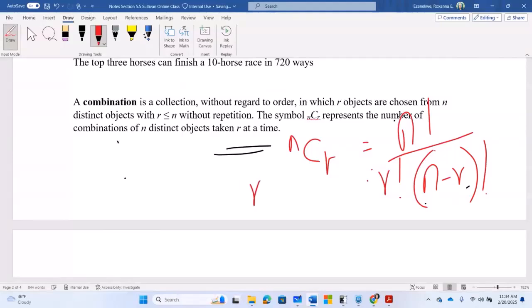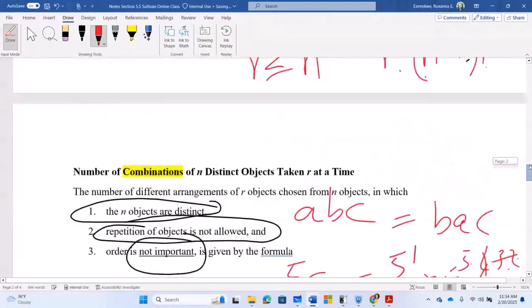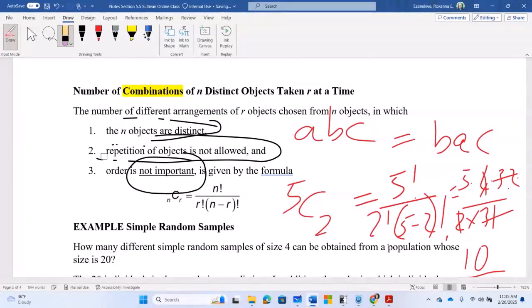And r is always going to be smaller than or equal to n. r cannot be greater than n. I cannot choose 11 things out of 10. Doesn't make sense. If I only have 10 shoes, then I cannot choose 11 out of 10.